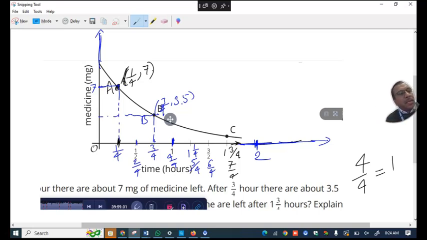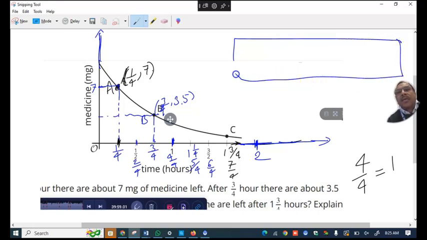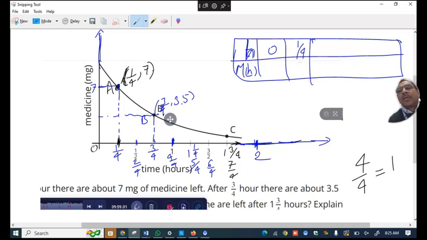So by now, what happened here is, I want you to take a note here, make a table here to understand this. Let's make a table this way, so we know what's happening. We don't know in the beginning how much was the medicine. This is like a T chart, and this is hours H, and this is the medicine M of H. But they did give us 1/4, then half, 3/4, 1.